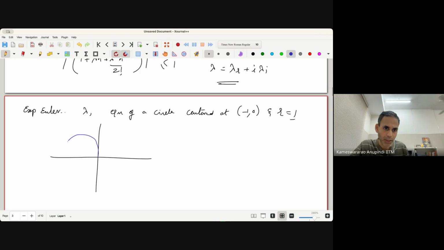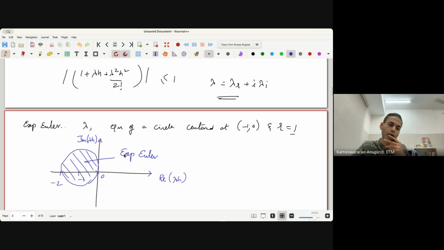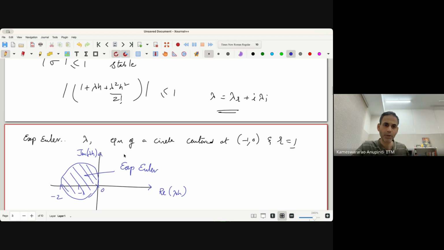It is a circle something like this, and this is -2, this is -1, this is 0. So this is the region of stability for explicit Euler, where this is the real part of lambda h, and this is the imaginary part of lambda h. We were able to comment on that because the equation was familiar to us. We were able to correctly recognize it.